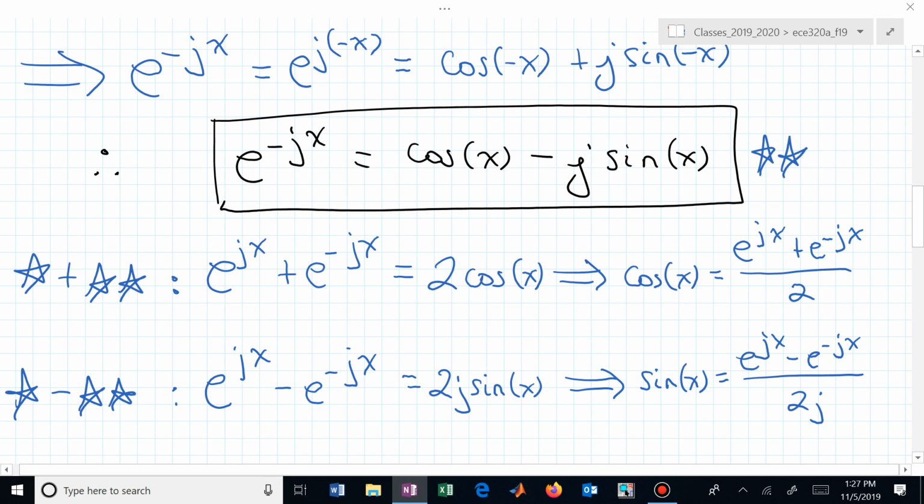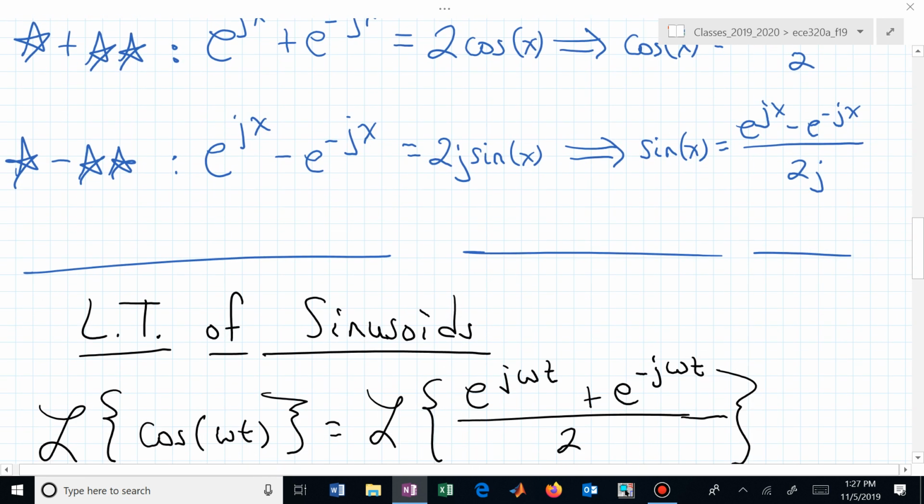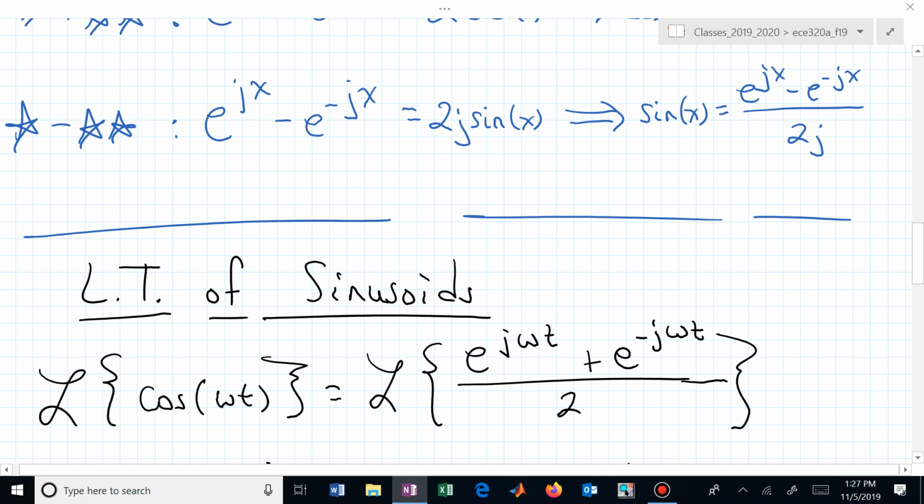Sine of x is e to the jx minus e to the minus jx over 2j. And now we can find, using our workhorse, the Laplace transform of an exponential, which we worked in one of those rows in the table.